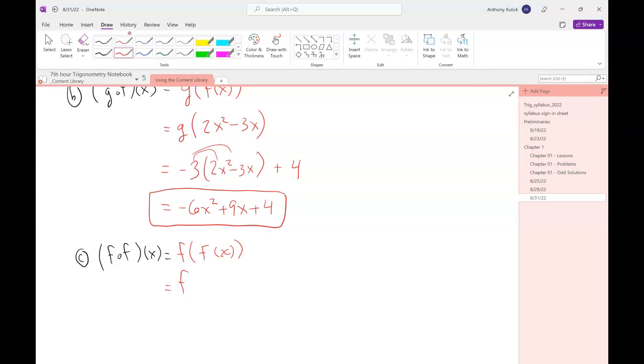So I'm plugging f of x into f. The rule for f of x was 2x squared minus 3x. So when I plug that into f, every place where there's an x, I'm going to replace that with 2x squared minus 3x.